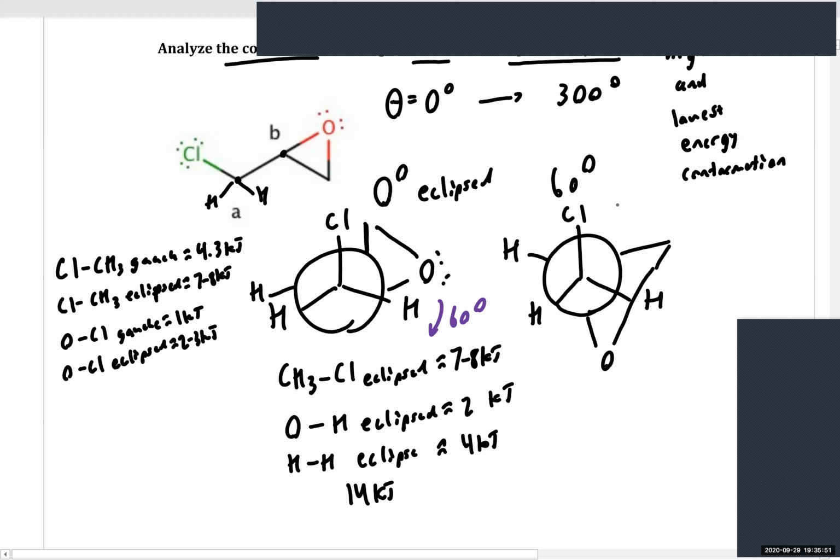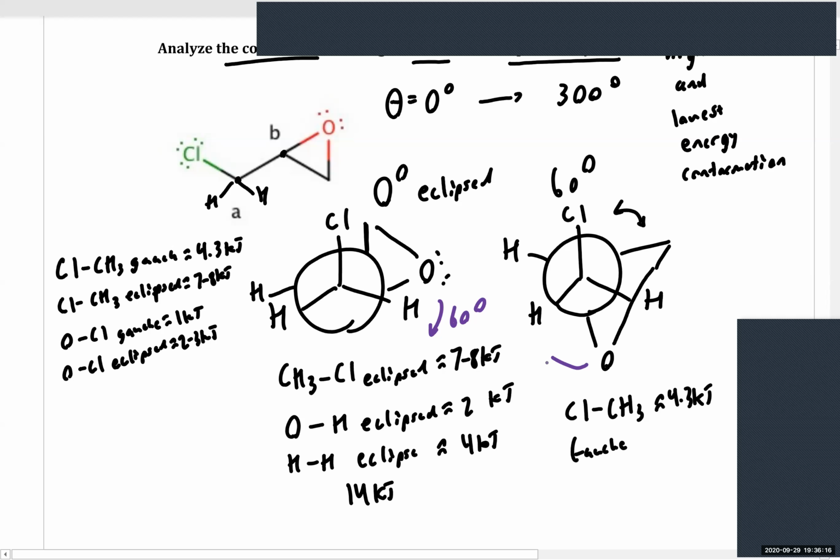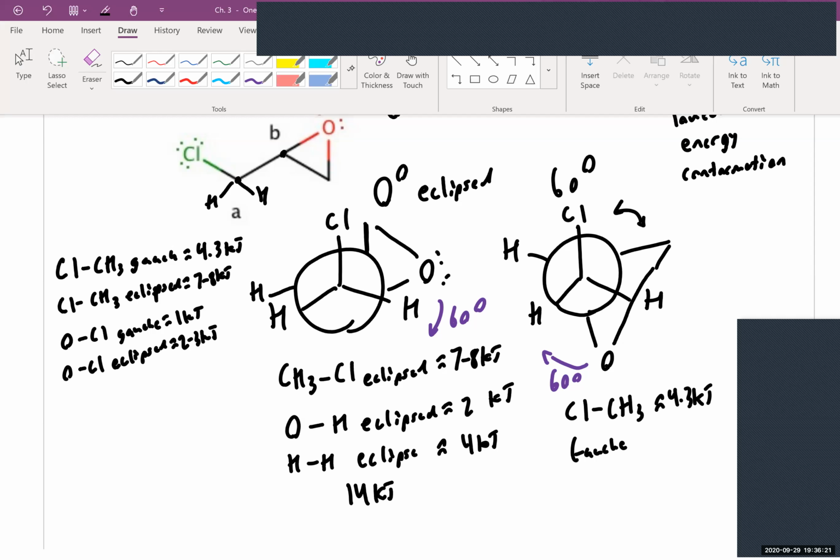Now analyzing the following structure, we see the only interaction we have is a methylene chlorine gauche interaction, which costs us around 4.3 kilojoules. Okay. Let's continue on with rotating our carbon-carbon bond another 60 degrees.